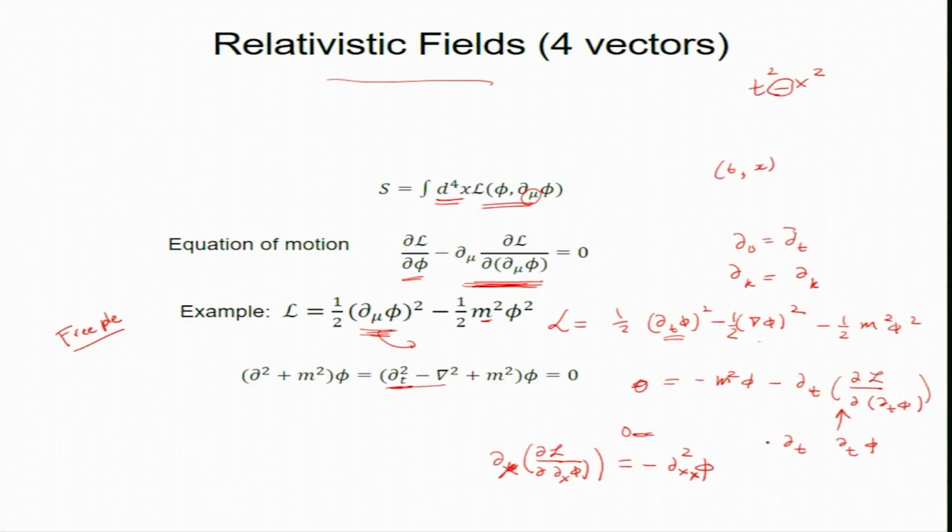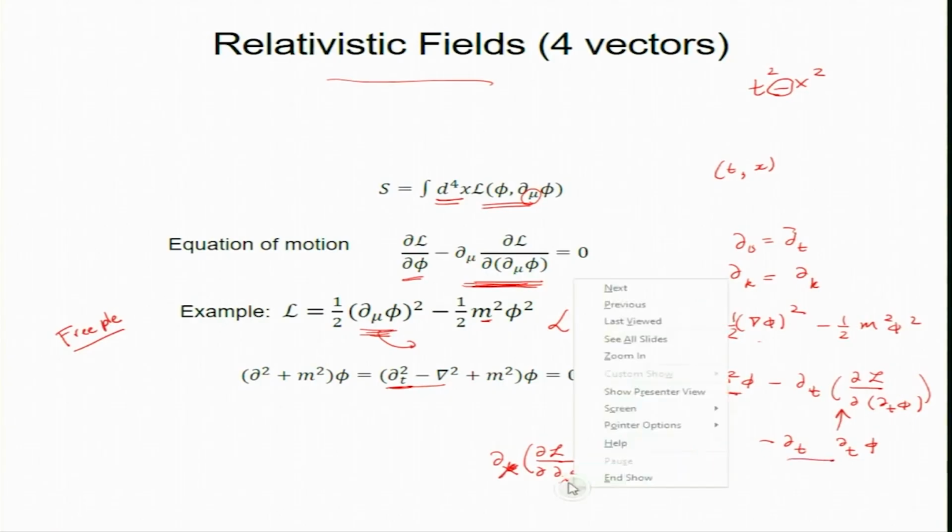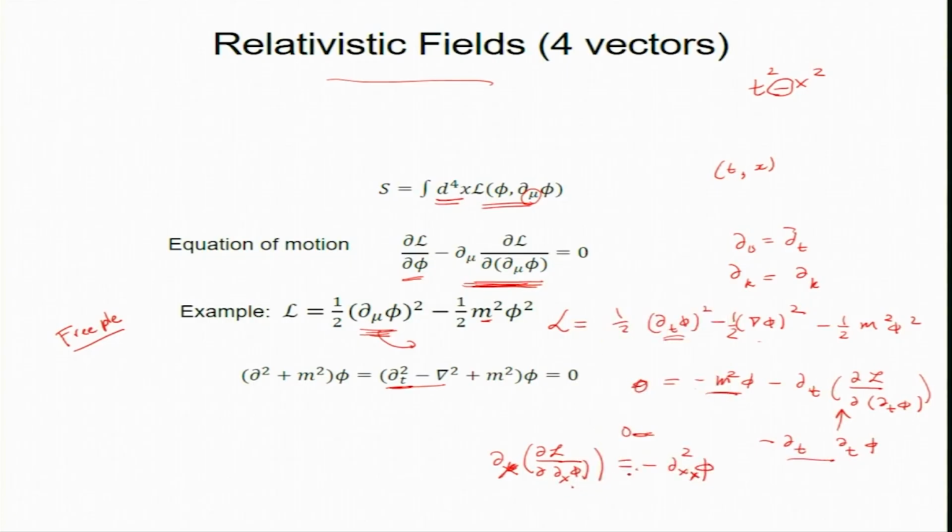These all are minus signs, no? These also minus sign, these also minus sign. How do I get the plus sign? Let me just check. So, 0 equal to that. This is a minus sign here, minus m squared phi. This is a minus sign and this is a plus sign.